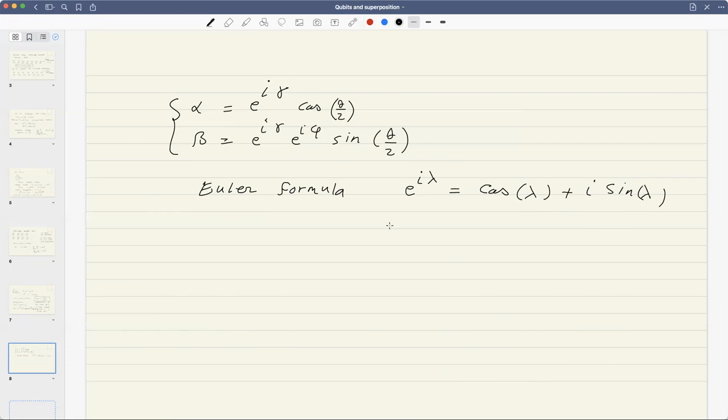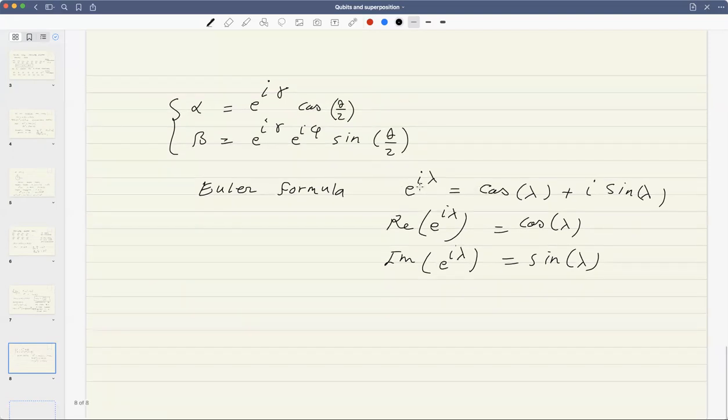So in other words, the real part of e to the I lambda is cosine lambda, and the imaginary part of e to the I lambda is sine lambda. For any real lambda, that works. So one way to see this is maybe thinking about the Taylor expansion of both cosine and sine and an exponential, and using the fact that I squared is -1. And then collecting the terms that are complex that have an I left over, and collecting the terms that are real.